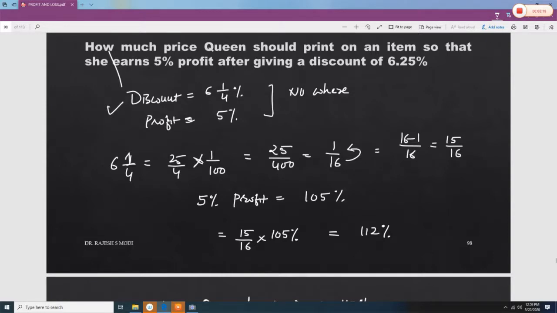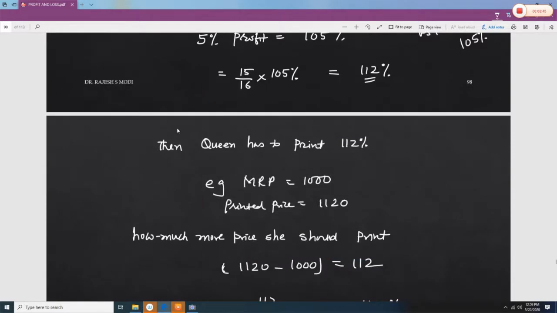Now this is a discount, so it is a minus, so 16 minus 1 is 15 over 16. And 5% profit means if the item is 100 and it is taking a profit of 5%, then it is 105. So 15 over 16 multiplied by 105%, that is 112%. Then Queen has to print 112% of the price. So if the price is 1000, then she has to print 1120.